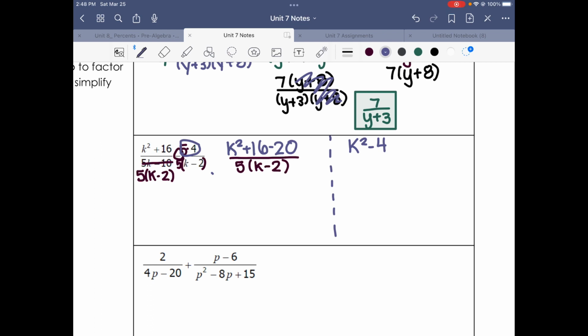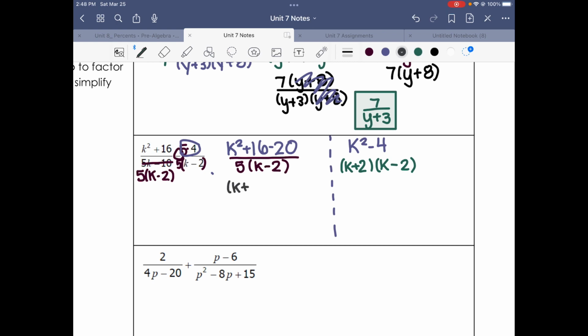So that leaves me with k squared minus 4. And you should recognize that that is two perfect squares. So it's a difference of two squares, which means you're going to do the square root of both of them, k and 2, and make one of them a plus and one of them a minus. That factorization should start to become pretty easy for you because it's one we've seen a lot of.